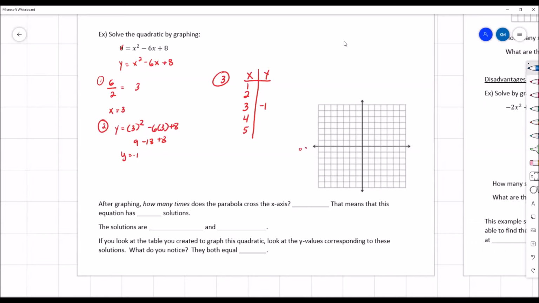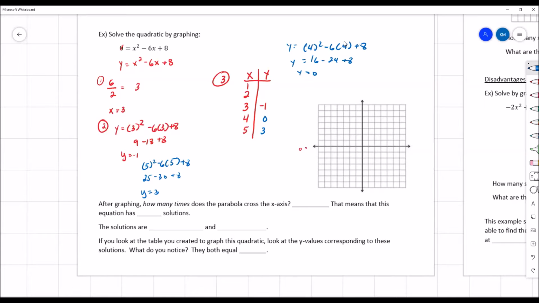Plug 5 into our function: 5 squared minus 6 times 5 plus 8. 25 minus 30 plus 8, and that gives us 3. Do the same thing with 4: 4 squared minus 6 times 4 plus 8, that's 16 minus 24 plus 8, and that is 0.